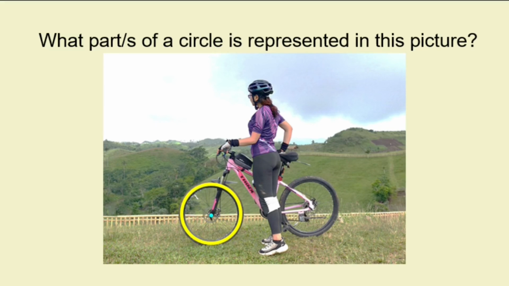And as you've observed, there is a line that seems to be connecting the center and the circle. And those are the spokes of the bicycle wheels. Now that represents the radius. And if you use your imagination, then you could see that there is a tangent.